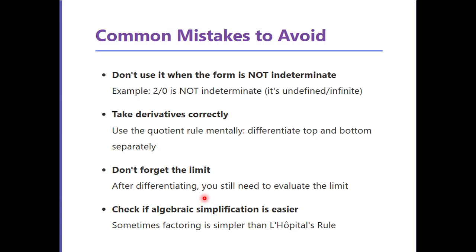Now, the common mistakes to avoid. First, do not use it when the form is not indeterminate. Many students consider that infinity is an indeterminate form. It is wrong to say that. Infinity is actually an undefined form, not an indeterminate form. Indeterminate and undefined are two different terms.